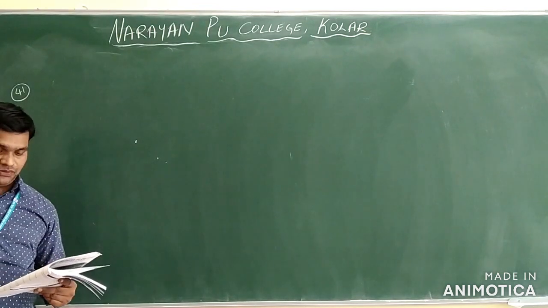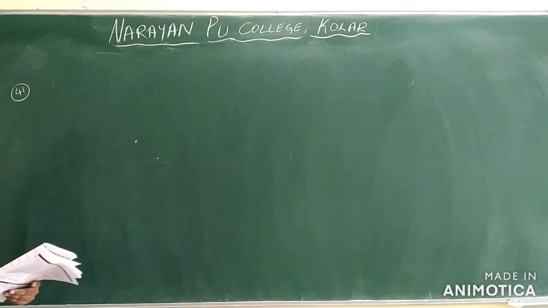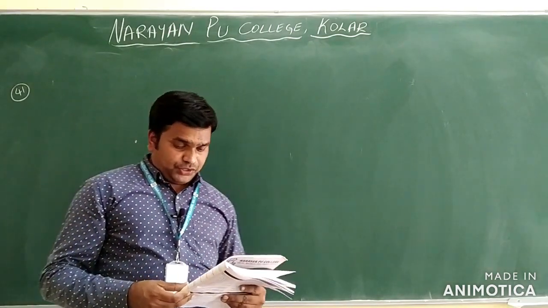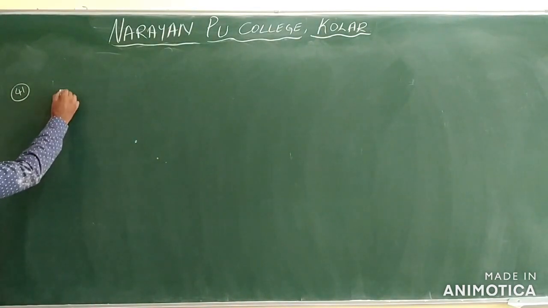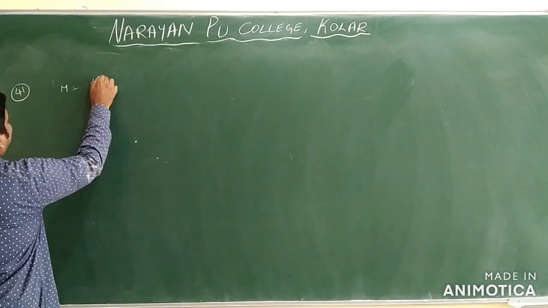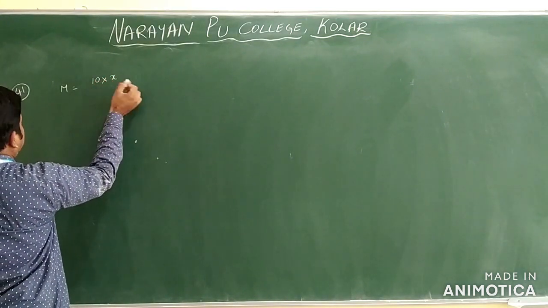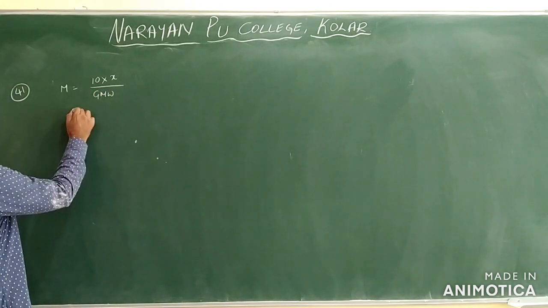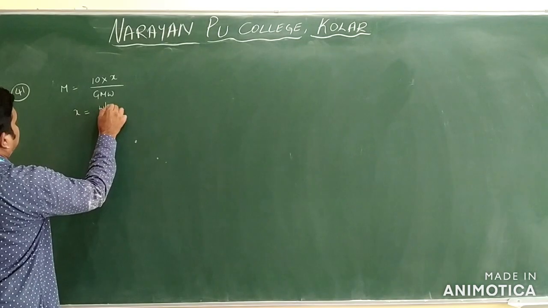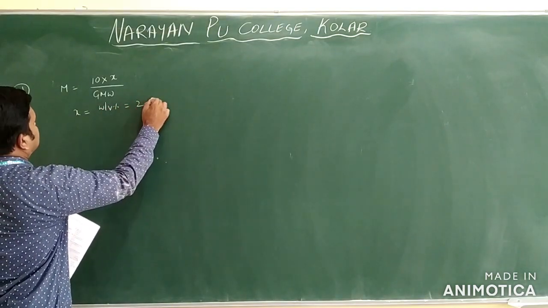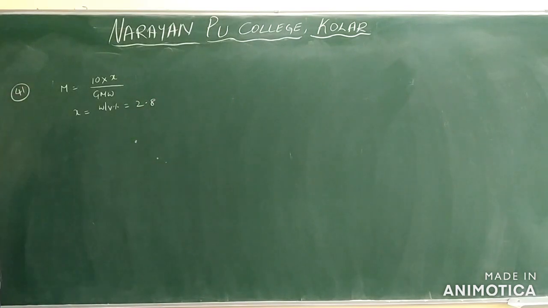See the next question we have, 41. The molarity of a solution containing 2.8% mass by volume solution of KOH. They are asking molarity. If the weight by volume percent is given, you know one formula: molarity is equal to 10 into X by gram molecular weight only. Here X is the weight by volume percent, which is given as 2.8%.